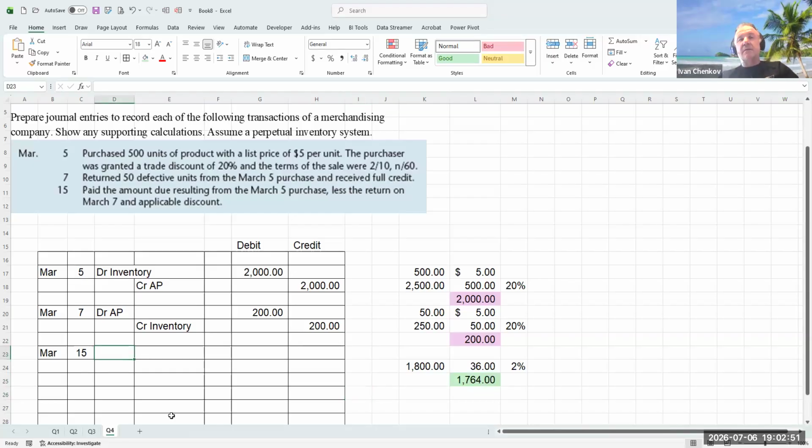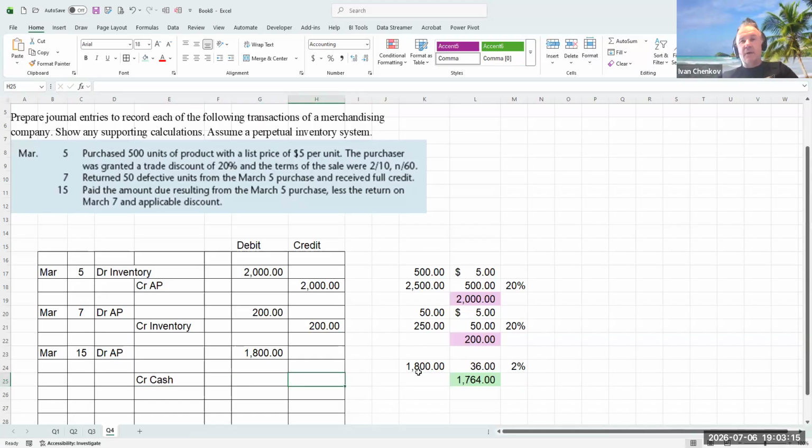But once we pay it, we're done with accounts payable. So we have to debit accounts payable with 1,800. And as you can see, those 200 and 1,800 are exactly 2,000, which clears our accounts payable. Then we're going to pay the cash.